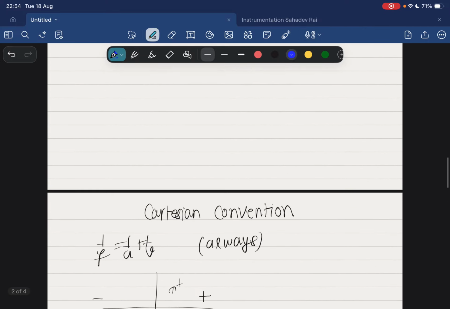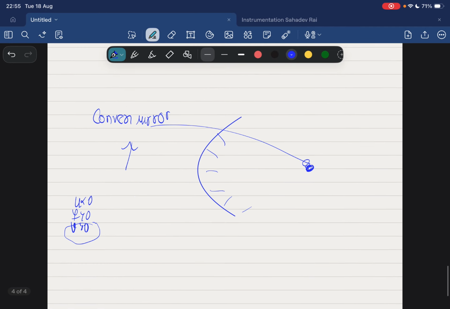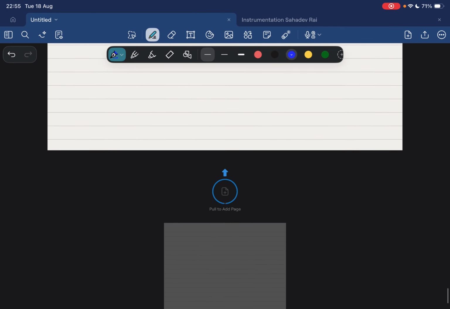Now again, this is not a virtual image, this is a real image, and a real image is formed on the right by the actual intersection, therefore it is greater than 0. Many people have confusion right there.